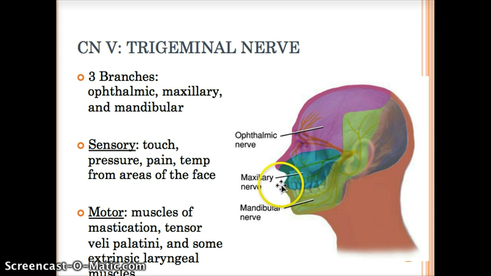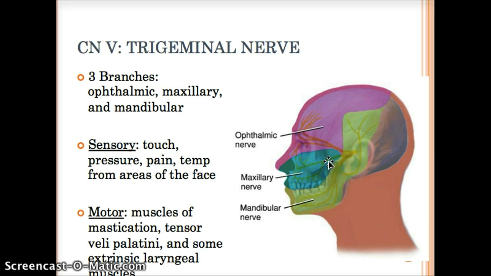The maxillary nerve is only sensory as well, and it transmits information from the lower eyelid, the skin on the sides of the nose, the upper jaw, the teeth, the lips, and the mucosal lining of the buccal and nasal cavities, maxillary sinuses, and the nasopharynx. Okay, so the maxillary is sensory only. It's providing all the sensory information for this region here on the face.